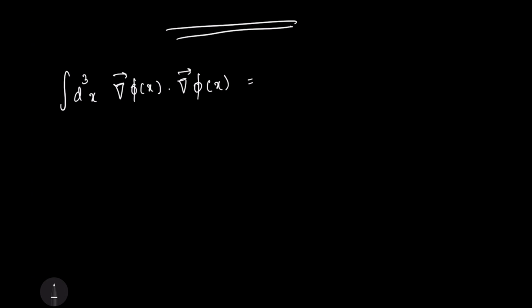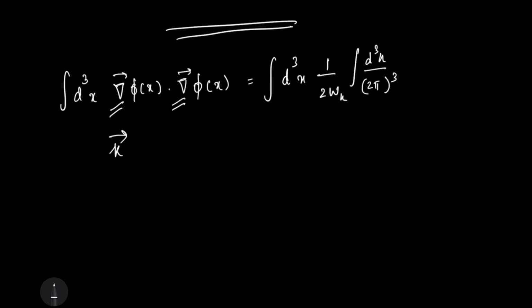Here I can do one thing: I can replace this gradient with the wave vector k, because the gradient and the wave vector both give you the direction. So integral d cube x, 1 by 2 omega k, integral d cube k by 2 pi cube, d cube k prime by 2 pi cube. Here you have k and here you have k prime, so I can write k dot k prime.